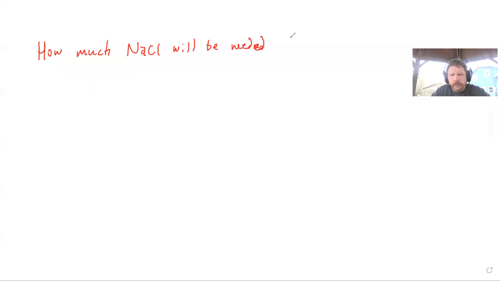Okay, so the question is basically how much NaCl will be needed to make 47.0 grams of PbCl2.